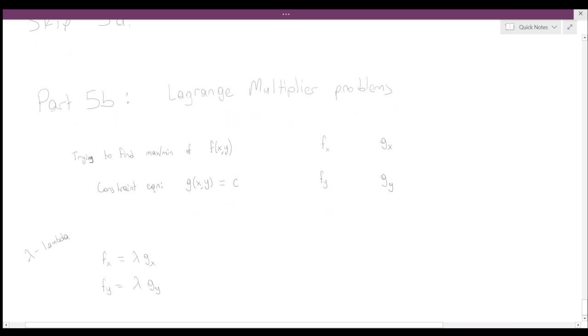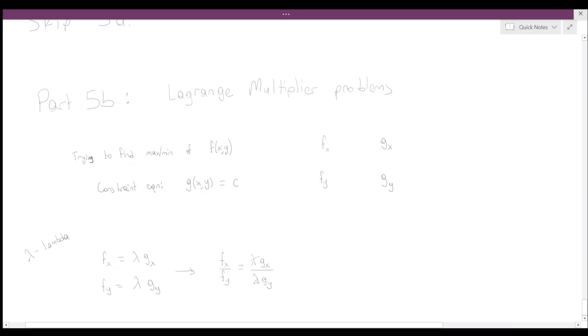So in the problems that you encounter, what you're able to do is divide these equations by each other. Namely, if I take fx and divide it by fy, that would be equal to lambda gx over lambda gy. So the lambdas actually cancel if you do this.